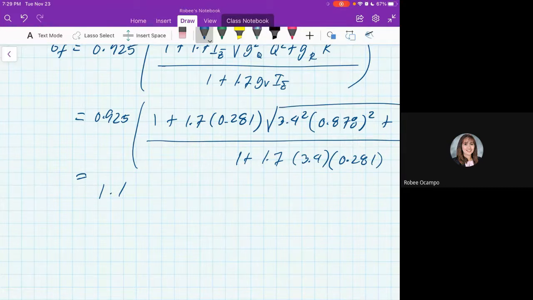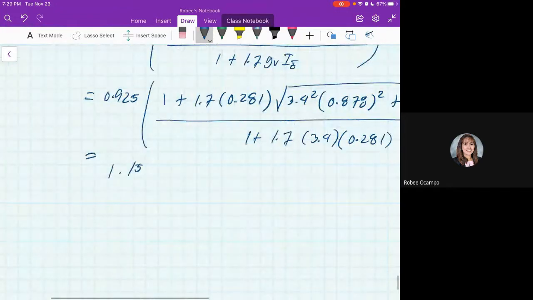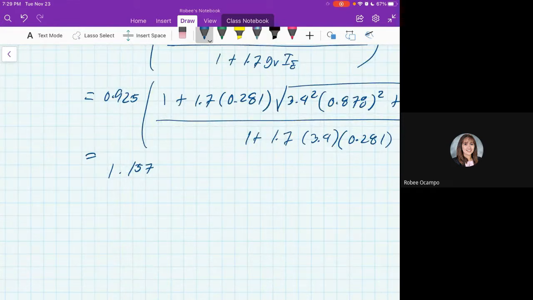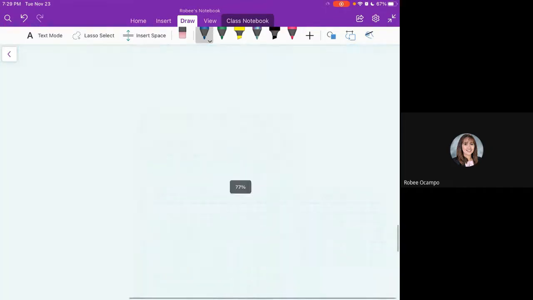Kasi 1596. Paki-check daw ulit. Tama. Sorry. My mistake. Tama na. It's 1.157. Okay, thank you, Miss Pactao. All right. So we already have the value for our gas factor, which is 1.157.